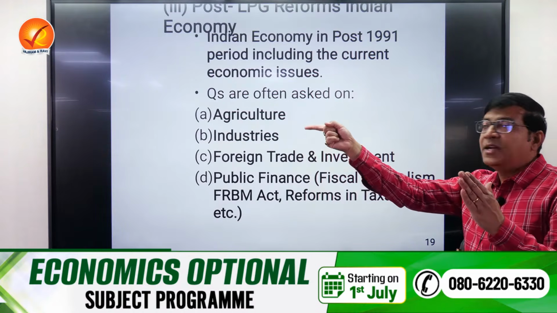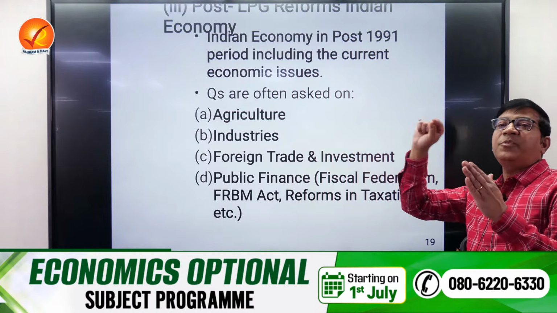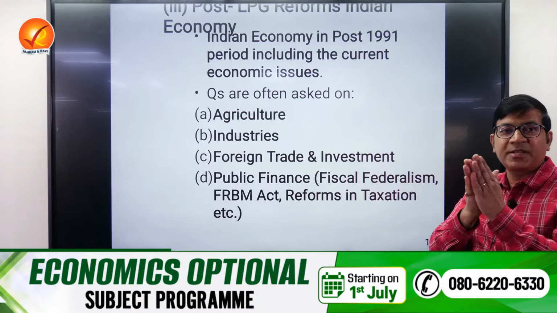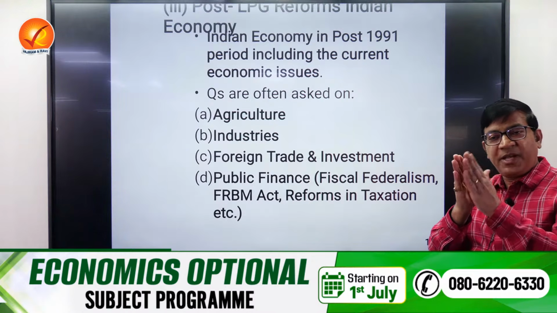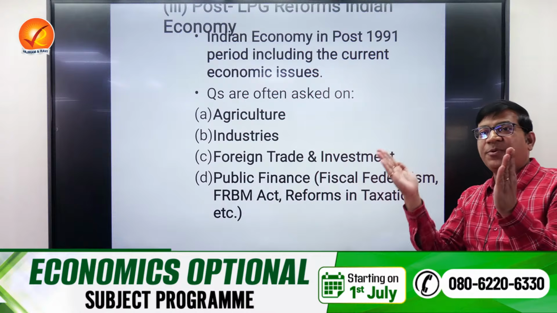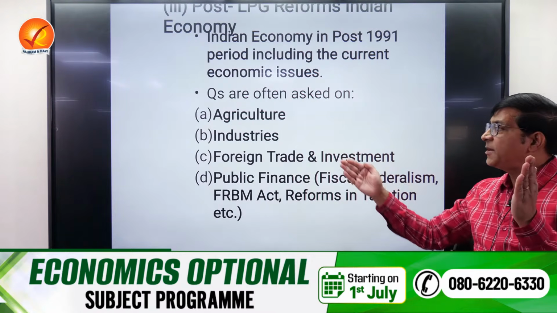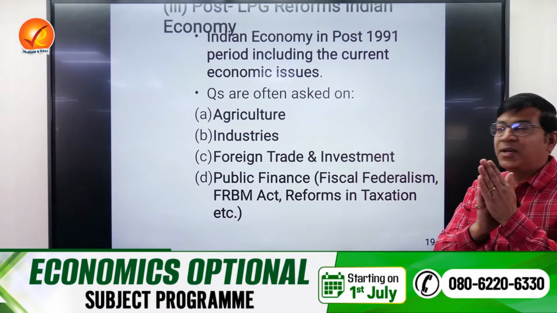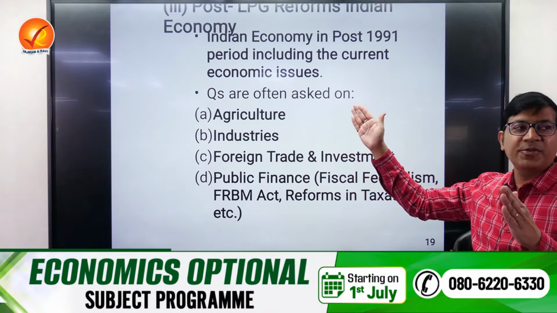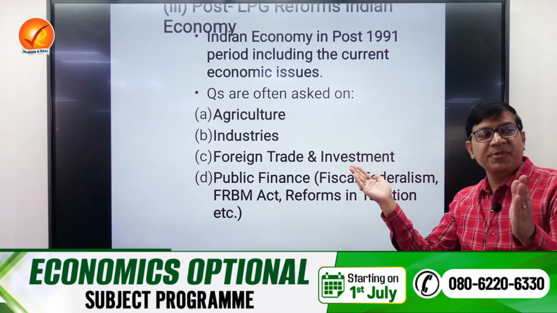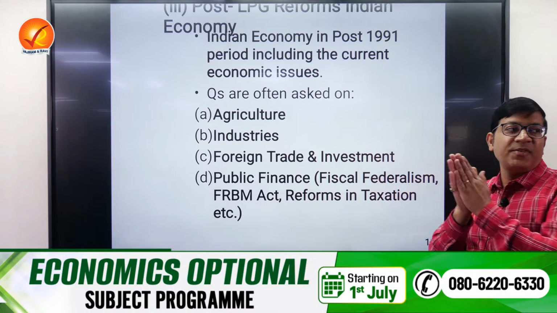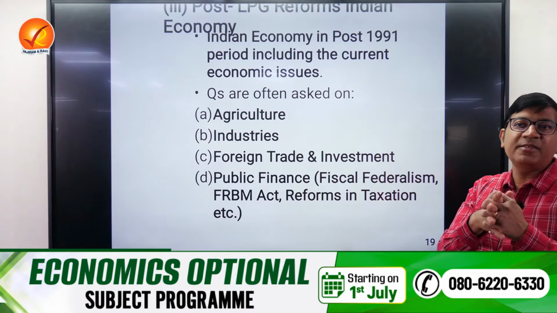And also don't forget, some questions are asked where they expect the student to write pre 91 comparing with post 91, something like poverty measurement pre 91 versus post 91, or let's say industrial growth or reforms pre 91 versus post 91. So I think topic wise discussion is always more systematic for this exam.